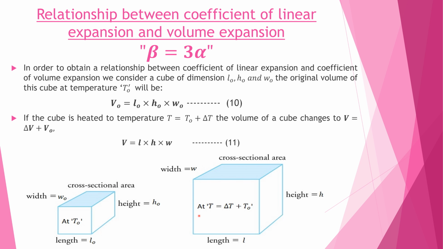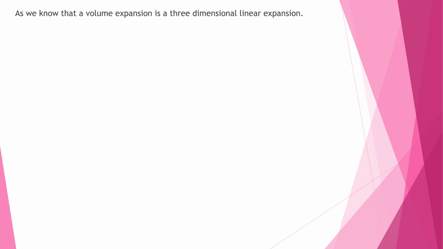So here is a diagram in which this is the initial condition of the cube: its length is L naught, height is H naught, and width is W naught, and the cube is at temperature T naught. When we heat it to temperature T, let's suppose that its length increases to L, height increases to H, and width increases to W. Now, as we know, volume expansion is actually a three-dimensional linear expansion.